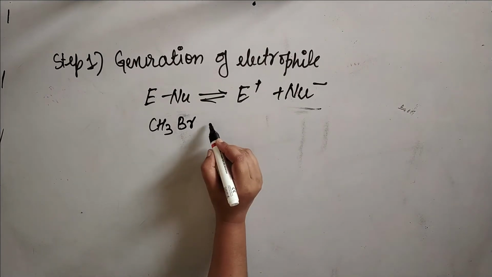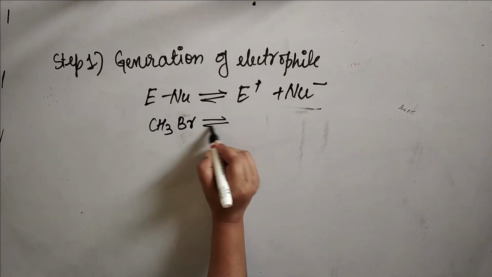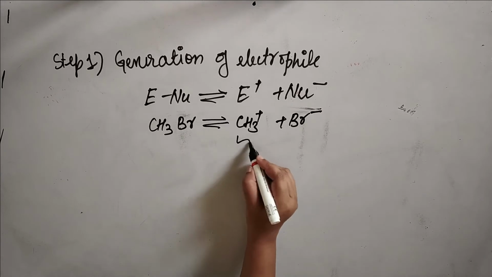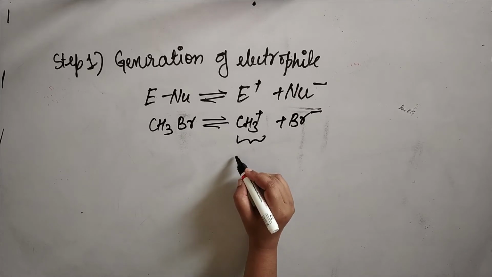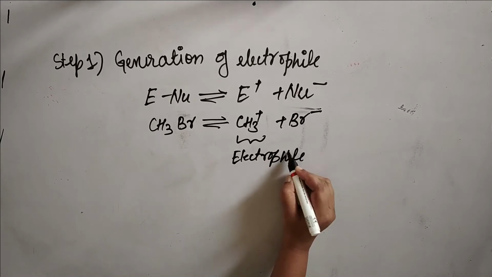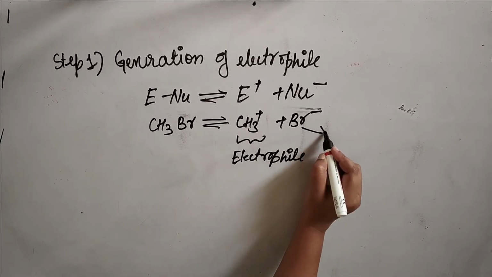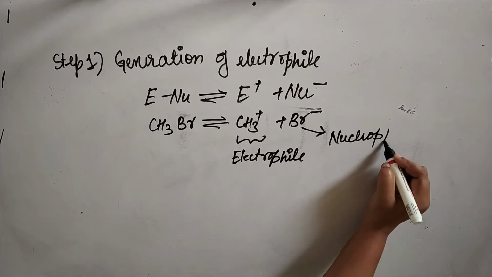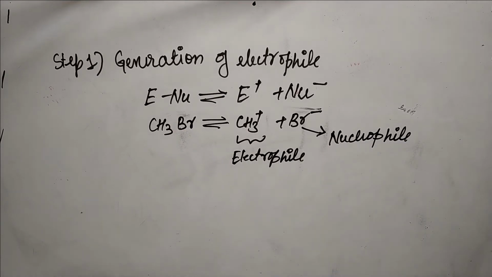Methyl bromide splits into CH3+ and Br-. This CH3+ methyl ion is the electrophile because it is electron deficient, carrying the positive charge, and this bromide ion acts as a nucleophile. So this is step number 1, the generation of electrophile.